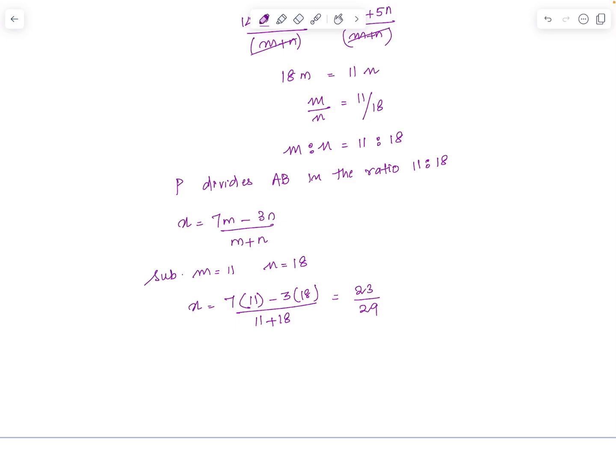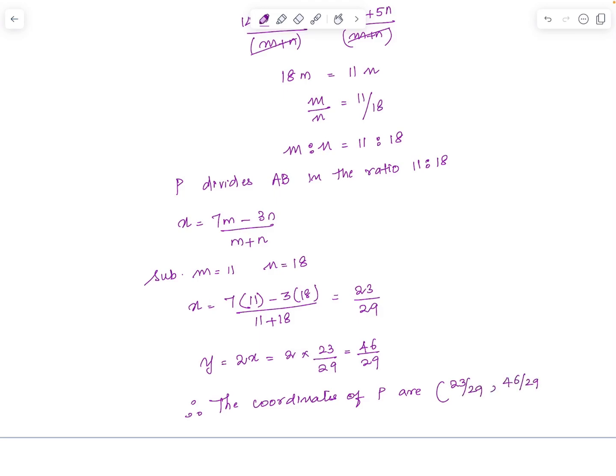This is the x coordinate of the point P. The y coordinate of the point P is nothing but 2x, which is 2 times 23 upon 29, that is 46 upon 29. Therefore, the coordinates of P are (23 upon 29, 46 upon 29).